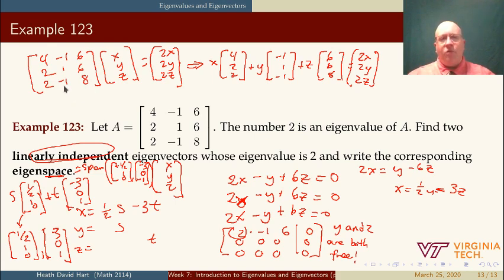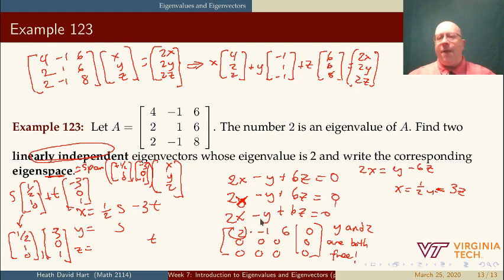To summarize what we did, though, we multiplied the matrix times an unknown vector x, y, z. Because the number 2 was the eigenvalue, the answer is 2 times what we plugged in to start with. We wrote this out as a system of equations. On the right side, we had 2x, 2y, 2z, but when I brought the 2 over to the other side, these terms became 0.